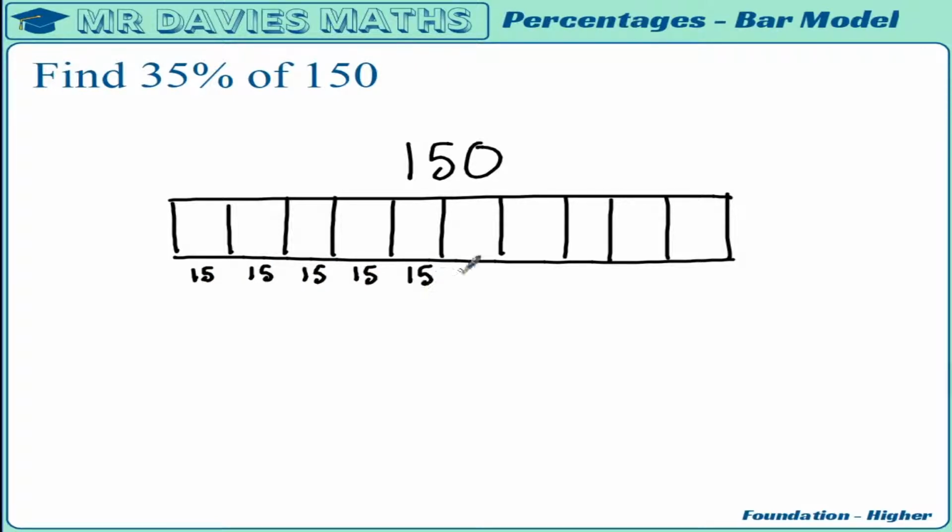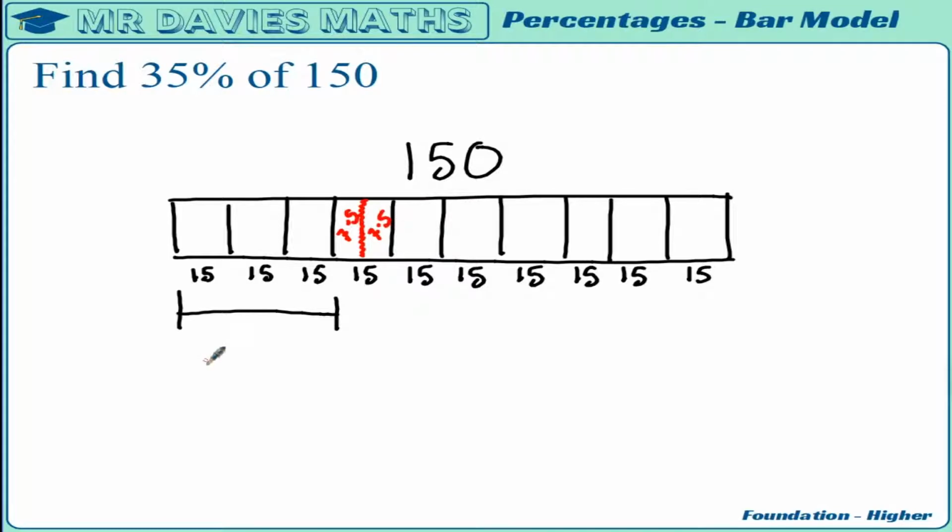Now to make 35%, I'm going to need 3 full 10% boxes and 1 half box. So I'm going to need the first 3 boxes, that'll give me my 30%, and then I'm going to need my half a box. So I'm going to need half of this box. Well, there's 15 inside that box, so I need to share it into 2 parts. 15 split in half is actually 7.5 in each part.